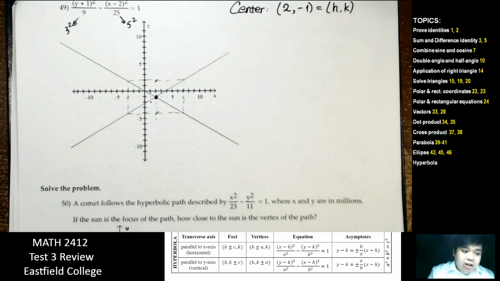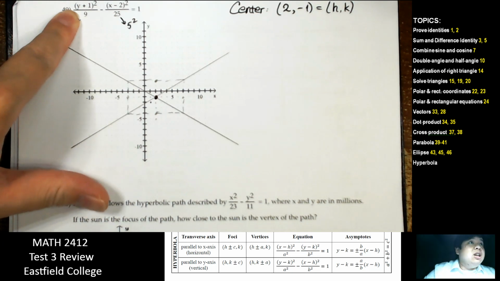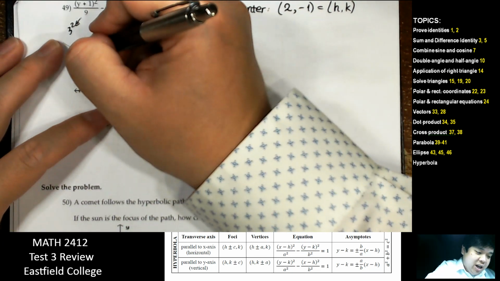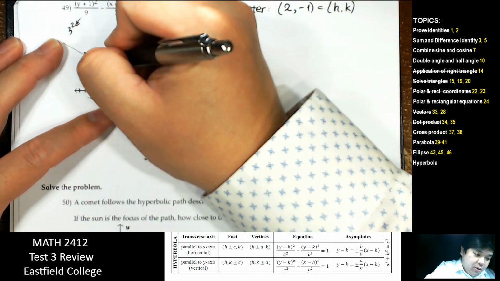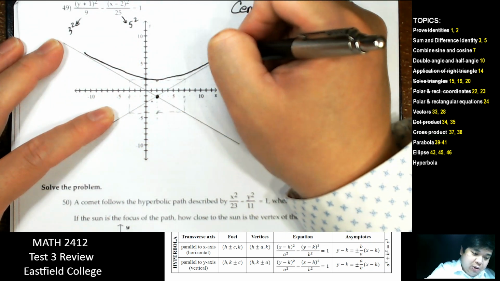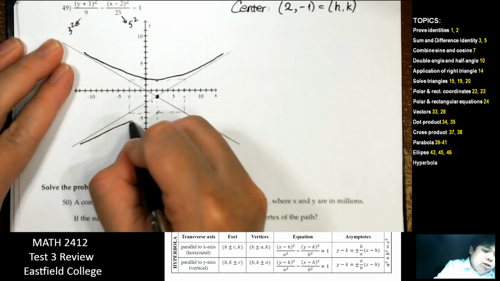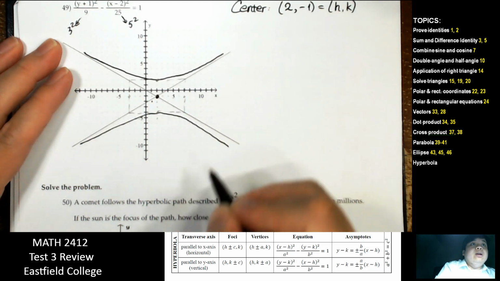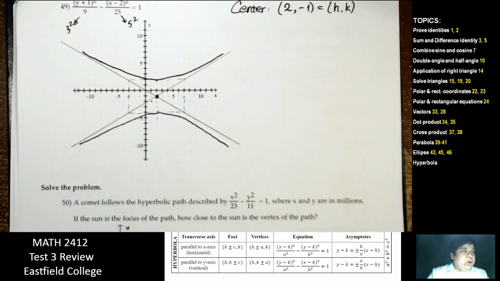And finally, this one with the y subtracting the x, meaning that it has to open vertically. So we go to the vertex and approach the asymptotes. So that's what we have.